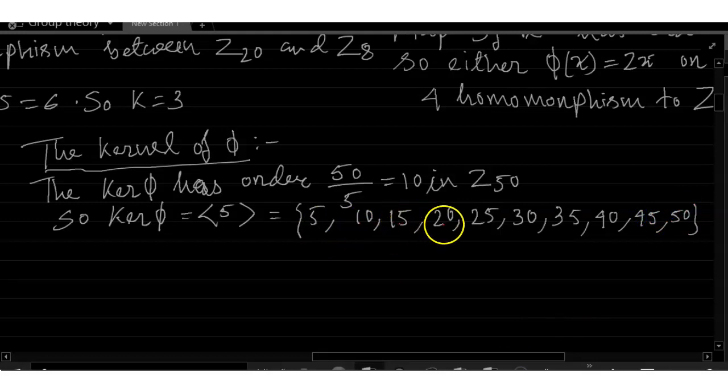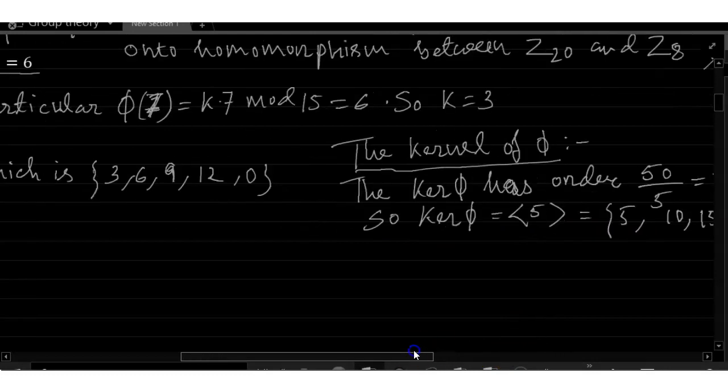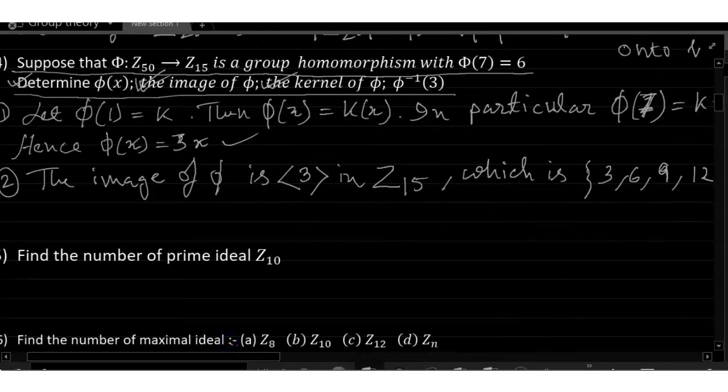Counting: 1, 2, 3, 4, 5, 6, 7, 8, 9, 10. Okay, so the kernel of phi has order 10.